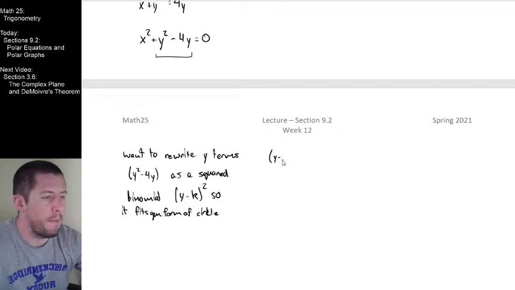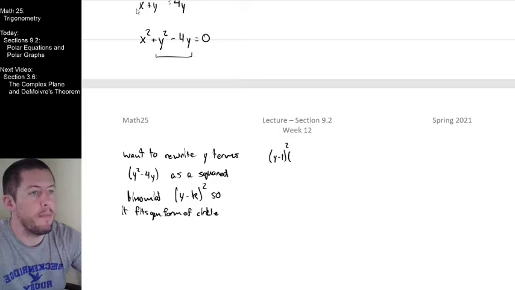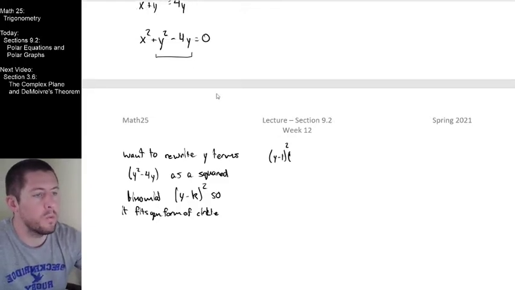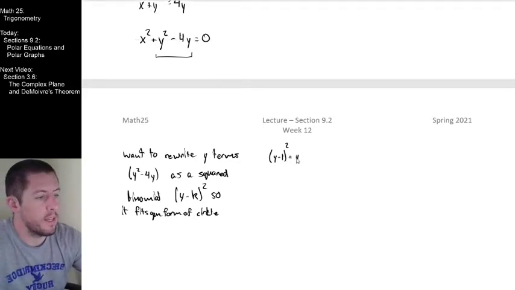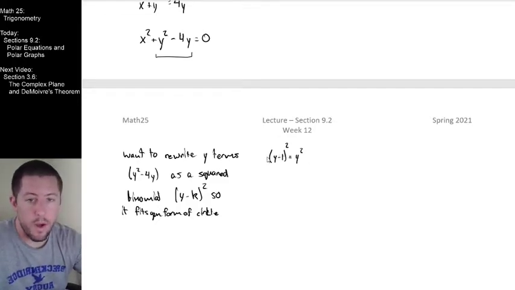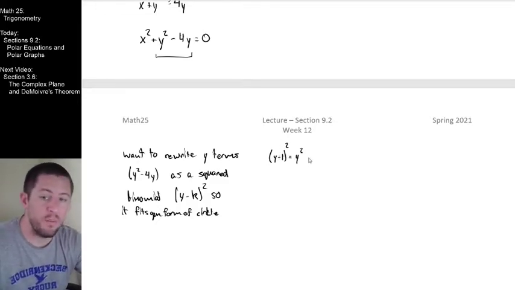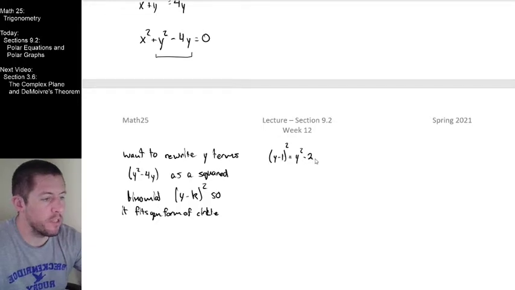If I did y minus 1 squared, this is really the same thing as y minus 1 times y minus 1. If I do y minus 1 times y minus 1, what we're going to get is a y squared for the first term. I'm going to get negative 1 times y once, and then y times negative 1 a second time, so I'm really going to get a minus 2y.